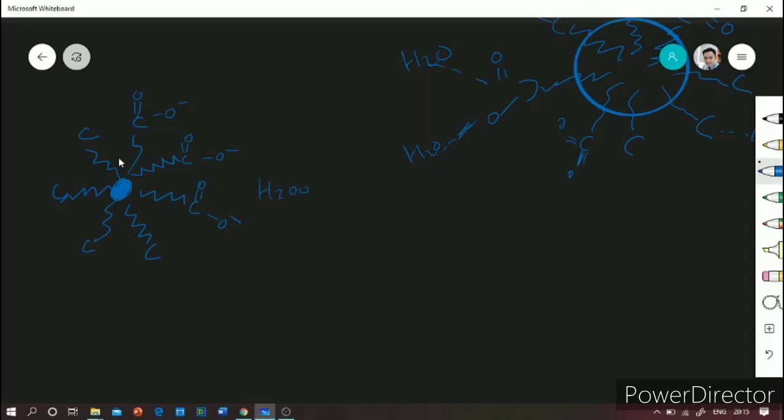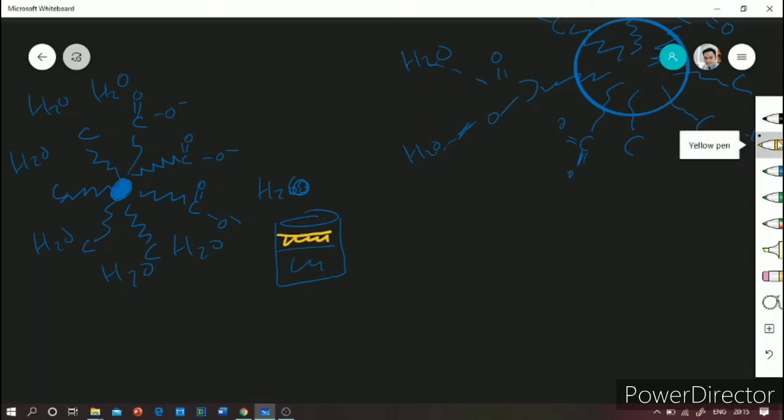So as you can see now, the soap molecule is able to lift the dirt, and later on it can mix with water. Now compare to the previous situation, when you have water and also oil in the same place, they will just be separated like this.